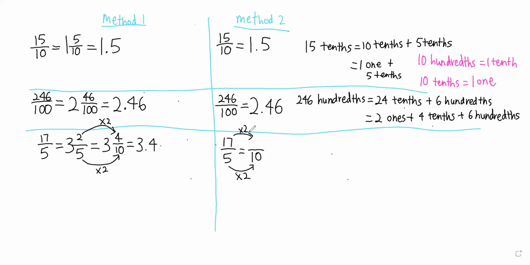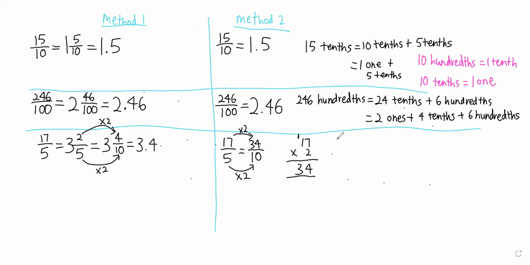So it's perfectly fine for you to do working. However, this ends up being more time consuming than method 1. So if I were to do working, I can take 17 times 2. So 7 times 2 is 14. 1 times 2 is 2, plus 1 more is 3. So I have 34. Okay, so this is perfectly fine. It's mathematically correct. However, it's just more time consuming.